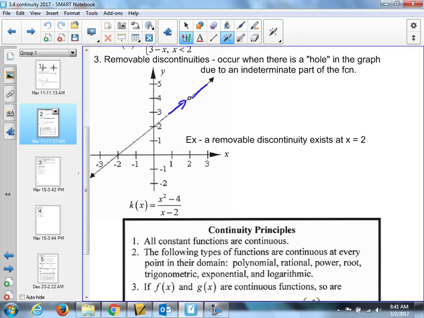And you get a hole in the graph with the picture, and this is because if you factored out the numerator, x plus 2, x minus 2, you could remove the factor from the top and the bottom, and you'll have a hole in there, right? So removable discontinuity. So those are your 3 types. Be able to identify them either from equations or from pictures.